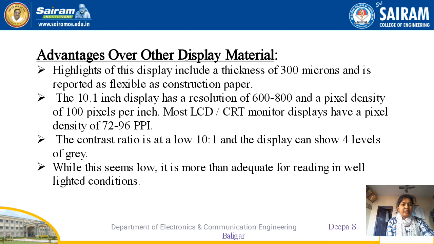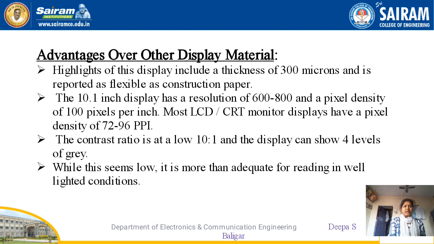Voltage is used to electronically pull the pigment out of the reservoir to spread across the viewing substrate. As a result, the display takes on the color and brightness of the pigments. Next, advantages over other display materials.